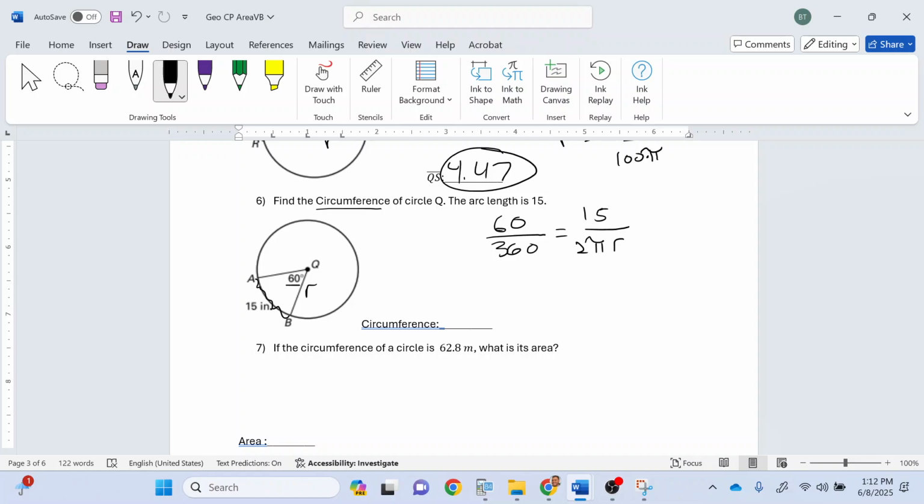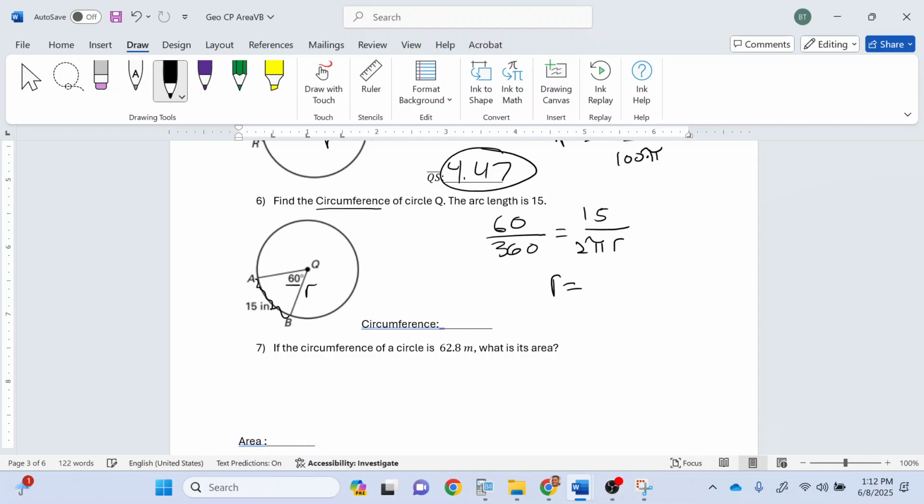So I'm going to do 2 times 3.14 times 60 divided by 360 divided by 15. No, I did something wrong. Let me clean it up first.